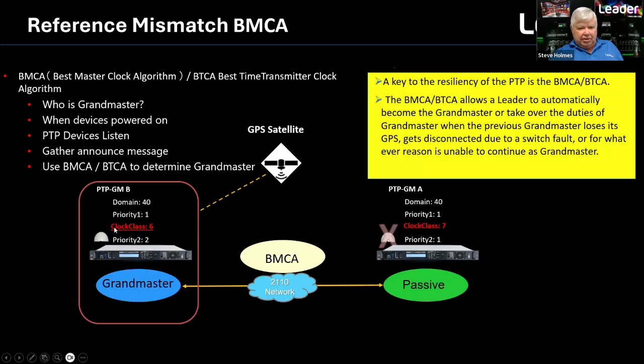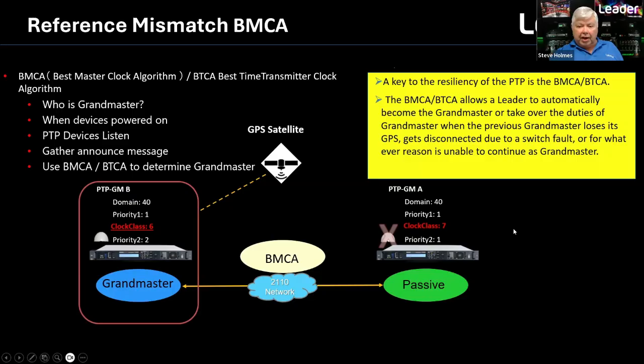And since clock class sits above the priorities here, the second generator will automatically become the grandmaster, and tell the generator on the right, in this case, to go passive because the other is a better clock source.